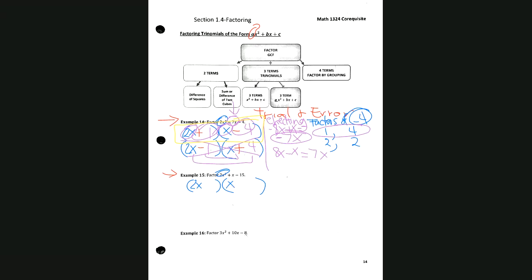Then factors of negative 15. We could have 1 and 15 or 3 and 5. Now, we're saying negative, so then 1 will be positive and 1 will be negative, of course. However, we don't know which one is which. And to be honest, this one got a little hectic for me. I'm going to show you some of the possible combinations that I had.